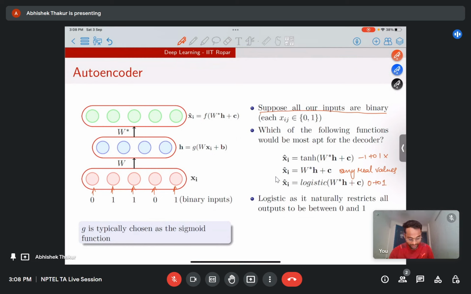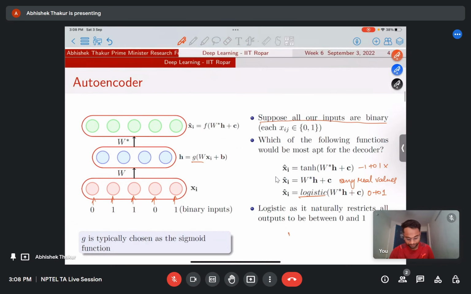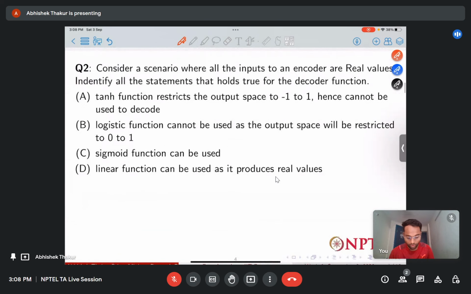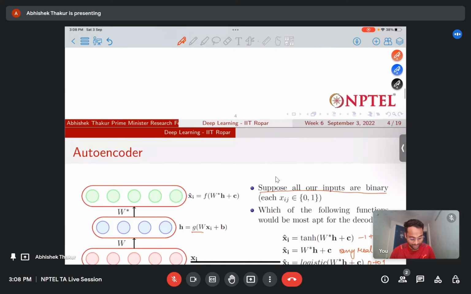So for binary inputs, the logistic function is the most appropriate function for the decoder, as it naturally restricts all the outputs to be between 0 and 1. Here, this G is our sigmoid function, that is also the logistic function. Now coming to all the options, this question asks about real values, so we'll see the second case also.